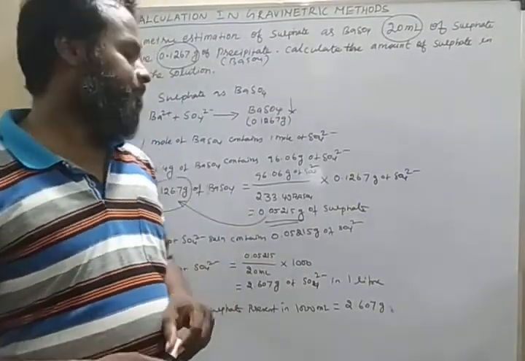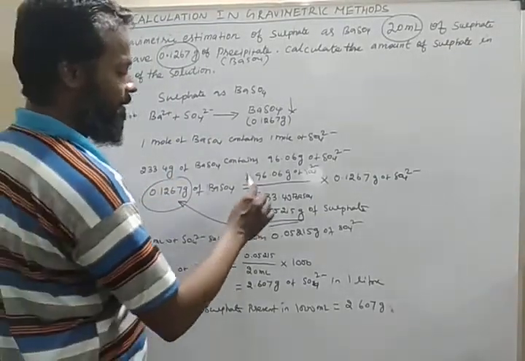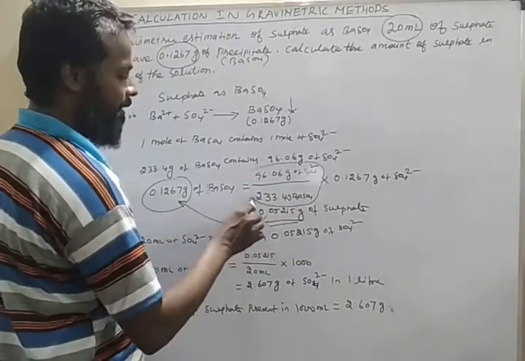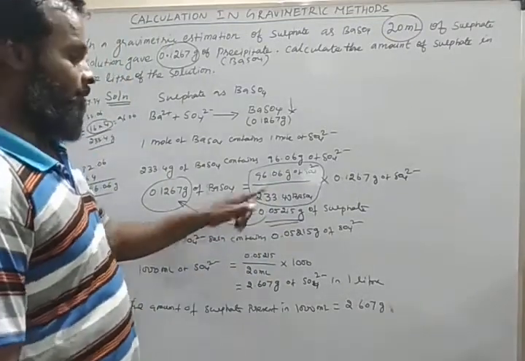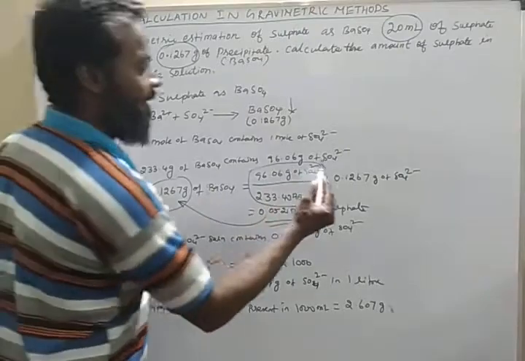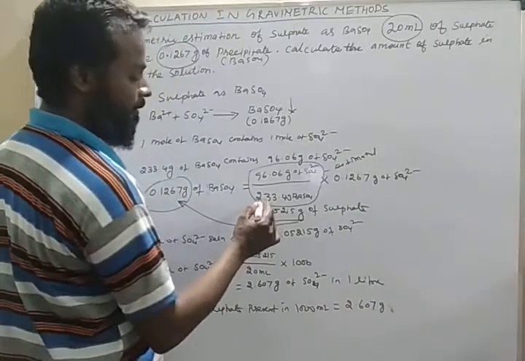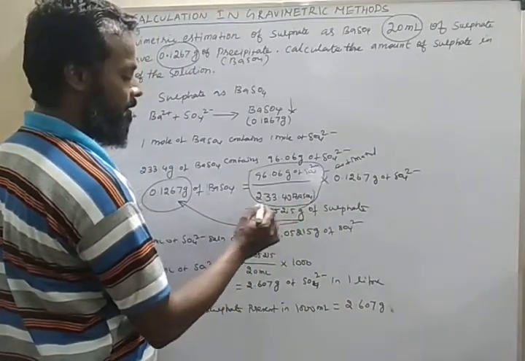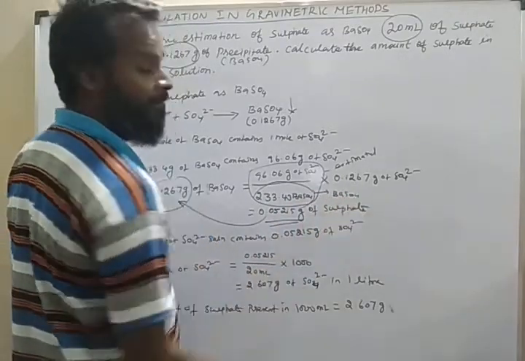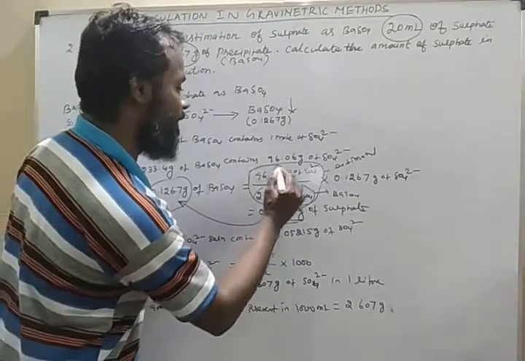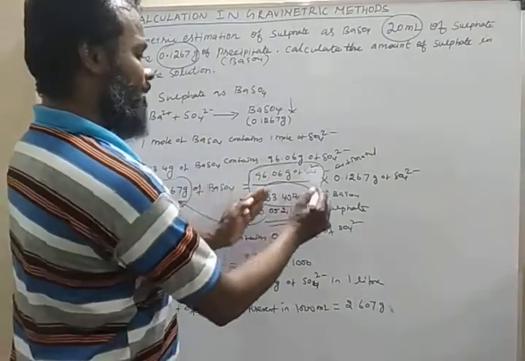in detail. Here also, in the second problem, we got the gravimetric factor. Here 96 gram is the weight of the substance, that is the formula weight of the substance to be estimated, divided by the formula weight of the substance to be weighed, that is barium sulfate. So this factor is called the gravimetric factor.